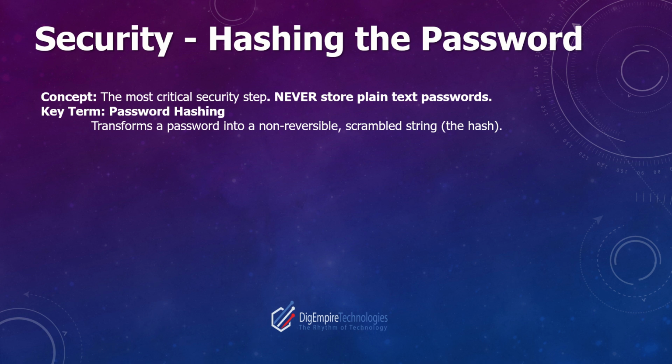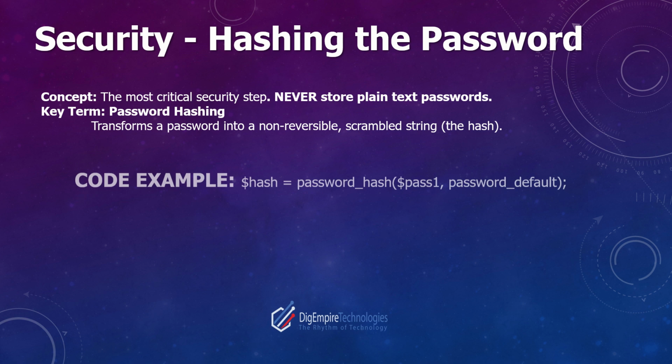So you enter 1, 2, 3, 4, 5, but what is actually in the database is different. We're going to look at how this is done. What will be in the database is completely and totally different.